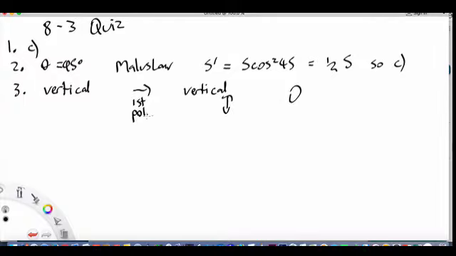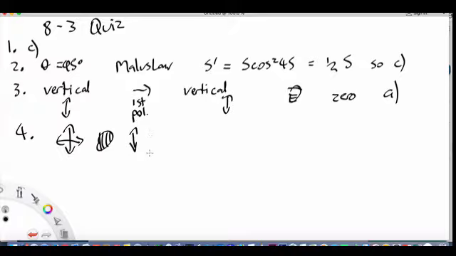So if it's like this, and the last polarizer is horizontal, that means we get 0. So that is A.